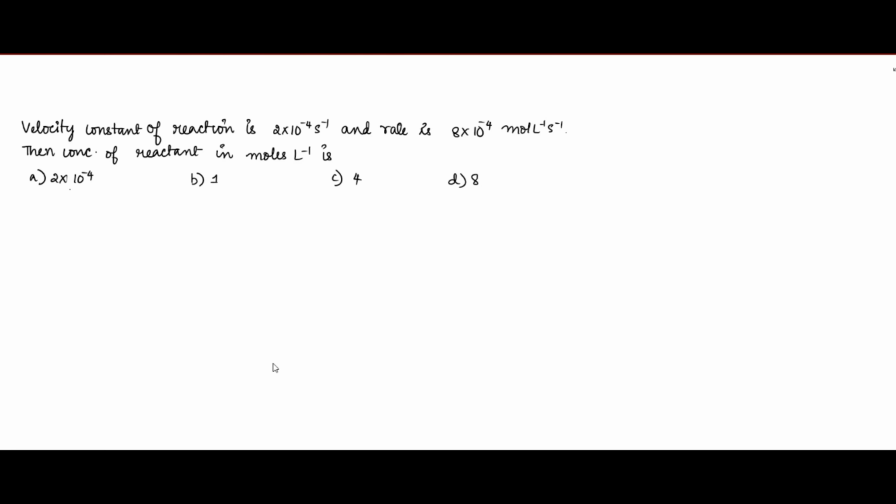And rate is 8 into 10 to the power minus 4 moles per liter per second. The concentration of the reactant in moles per liter is? What is the order of this reaction? How do we find the order?